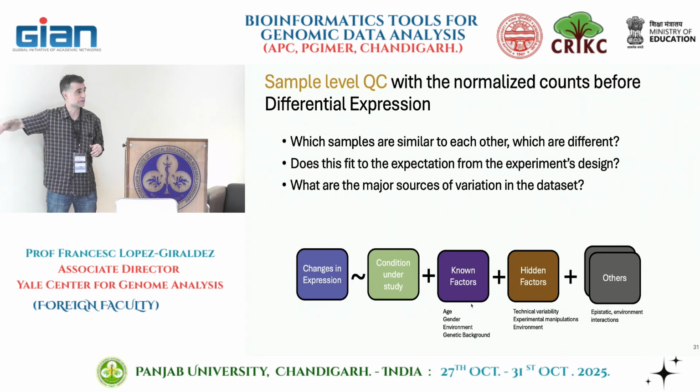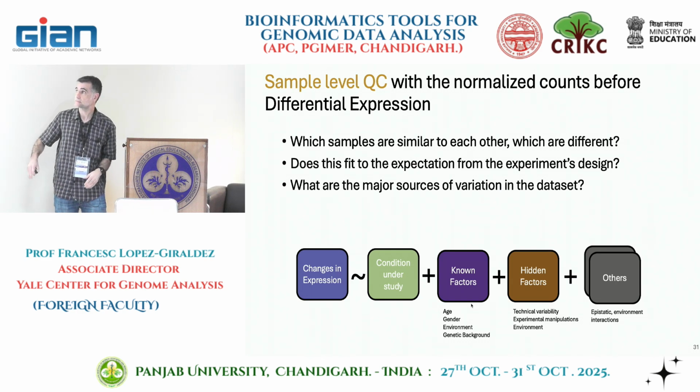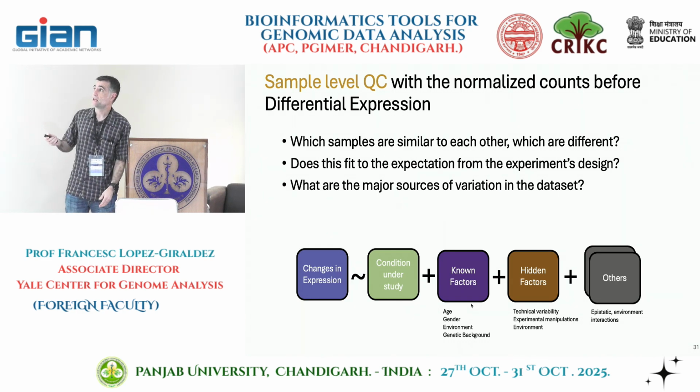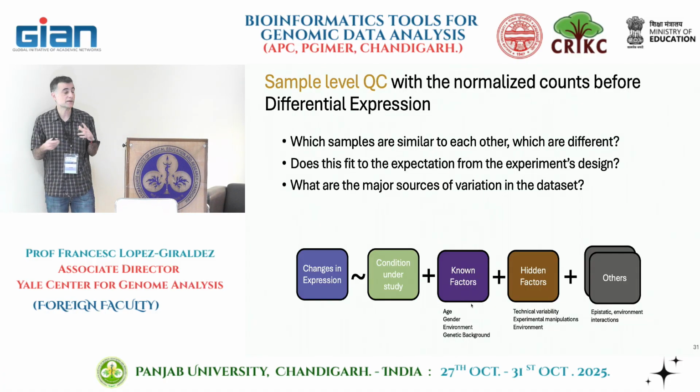So if we have important factors in our samples or not. Can we do any QC telling us if there is good clustering? Are the expectations of the condition being really important in the expression or not? So basically, the question of what are the measured sources of variability in the data? We can do that, definitely.